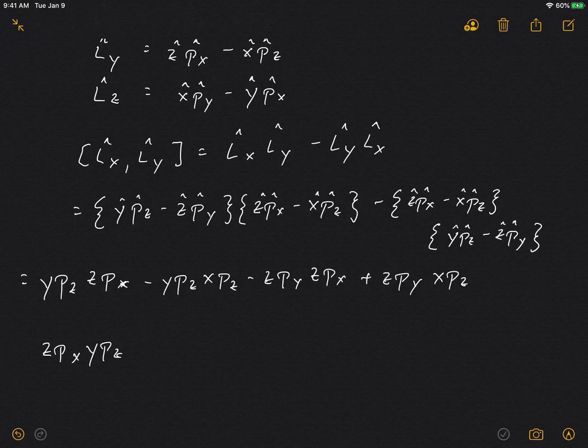So that's going to be plus zpx zpy. And then inner is going to give us, again, a plus xpz ypz.